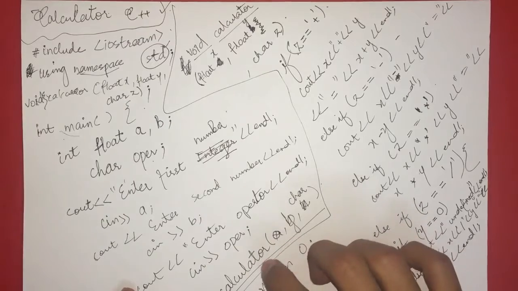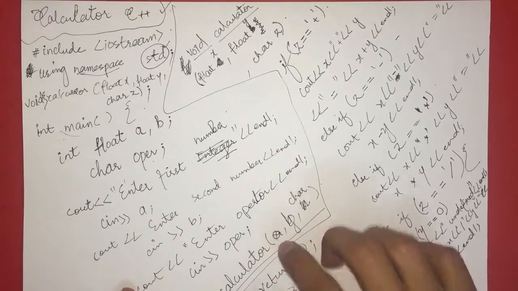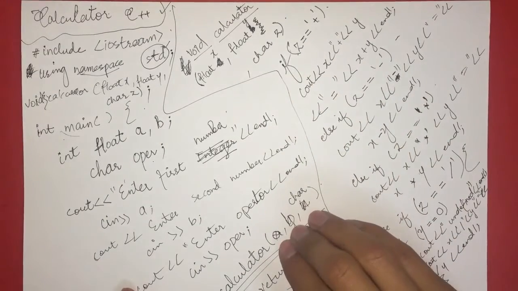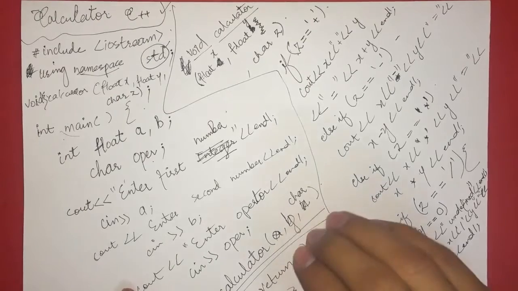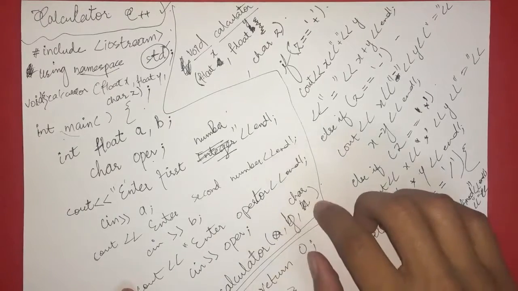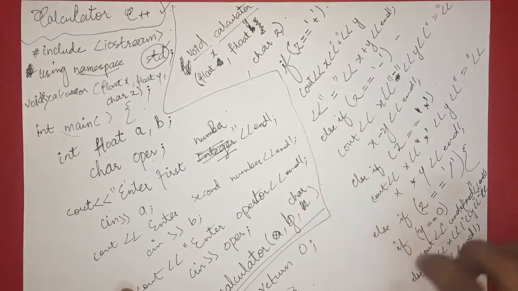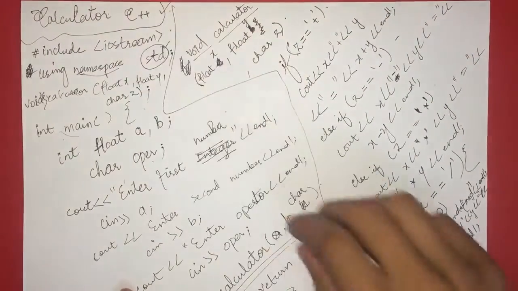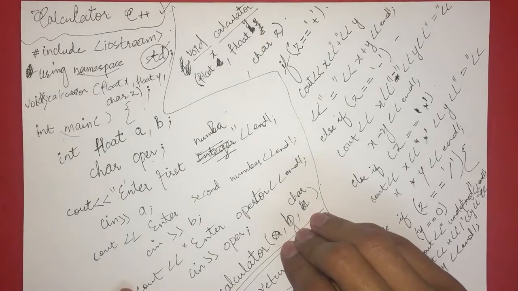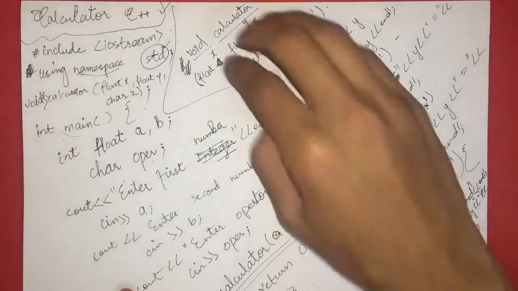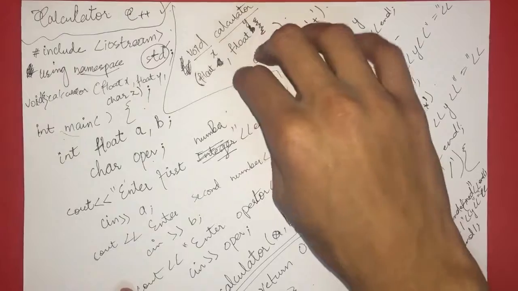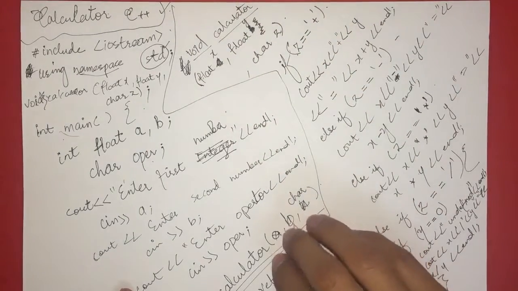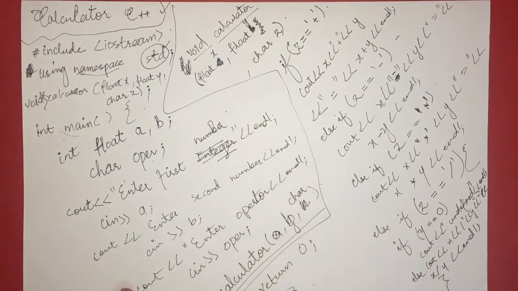So this prototype takes three actual parameters. The flow of control will shift towards the function body after the function main, because we have declared the prototype. Now these three formal parameters are going to be replaced by these three actual parameter values which the user has just entered.